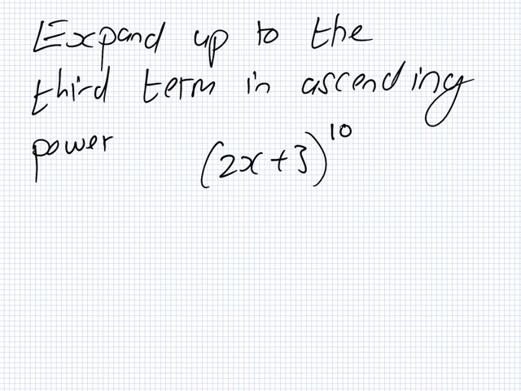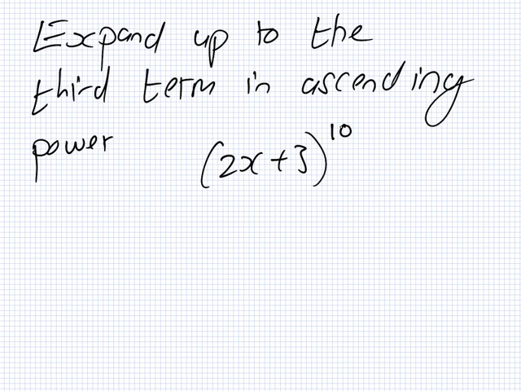Now, this one here, I don't want the full expansion. I only want the first 3 terms. But you have to think carefully. Do I want the first 3 starting at x10? Or do I want the first 3 starting at x0?